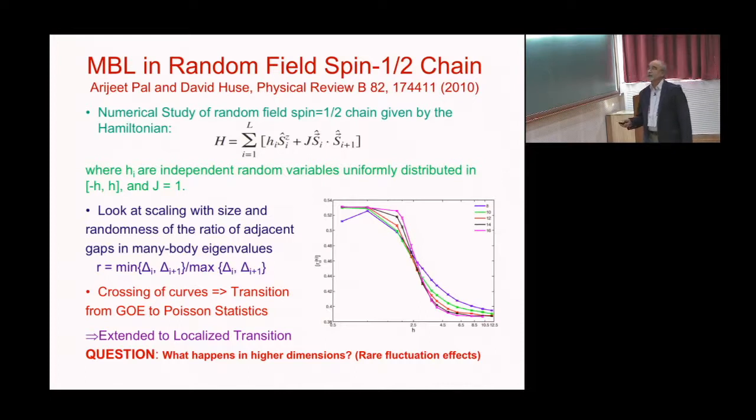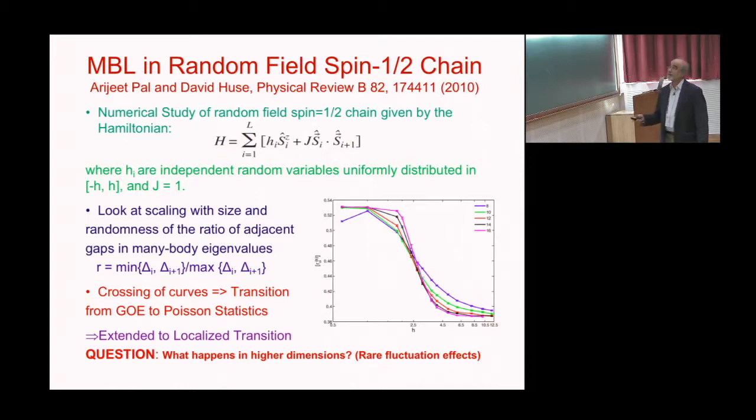What they did was look at the scaling with size and randomness, that is h, of this quantity here, the ratio of adjacent gaps. They looked at 3 consecutive eigenvalues, looked at the 2 gaps, and made a ratio of the minimum to the maximum. This turns out to be a very convenient dimensionless quantity. Depending on whether you have the Gaussian orthogonal ensemble or Poisson statistics, this number should be 0.535 or 0.385.